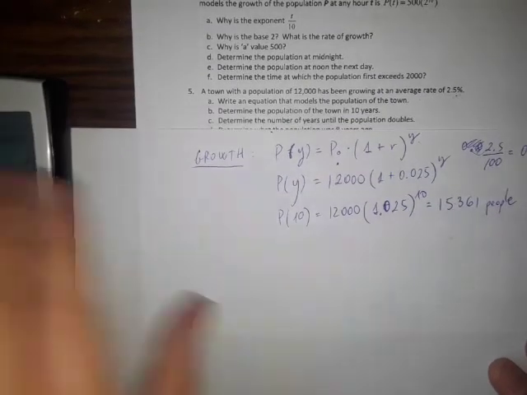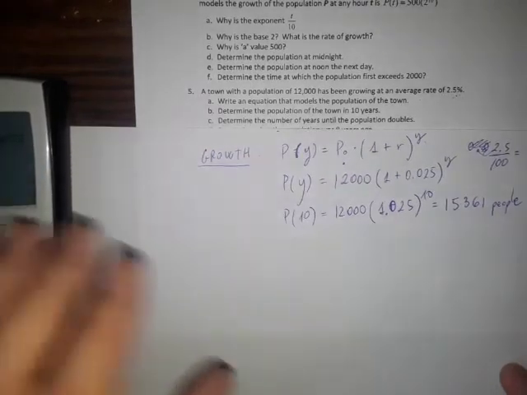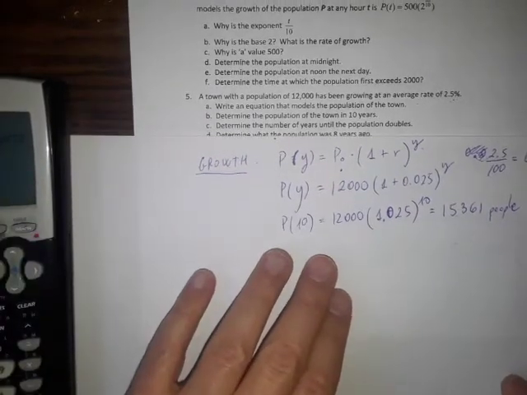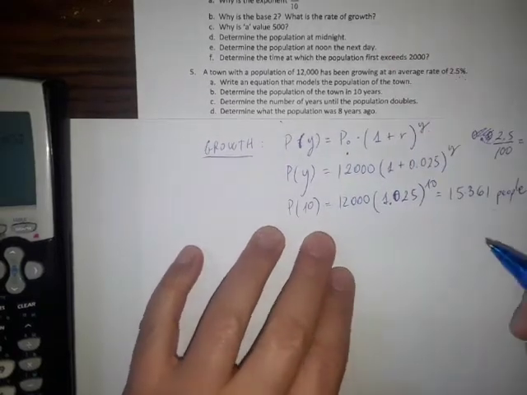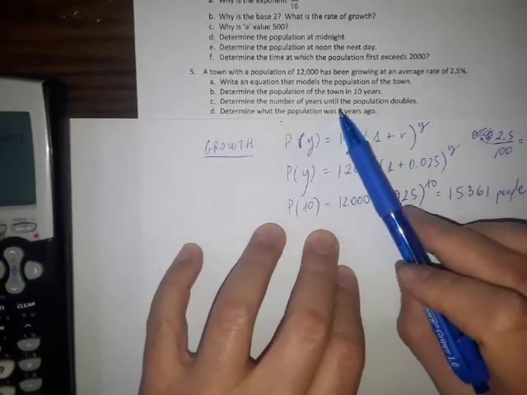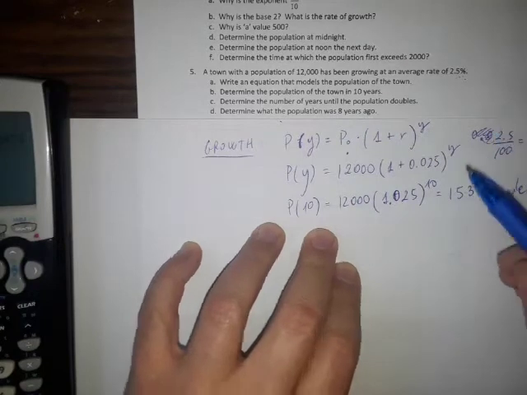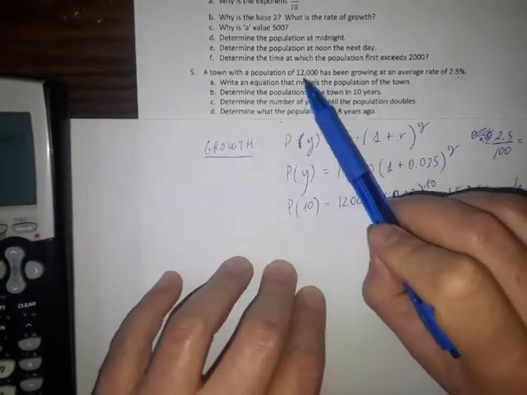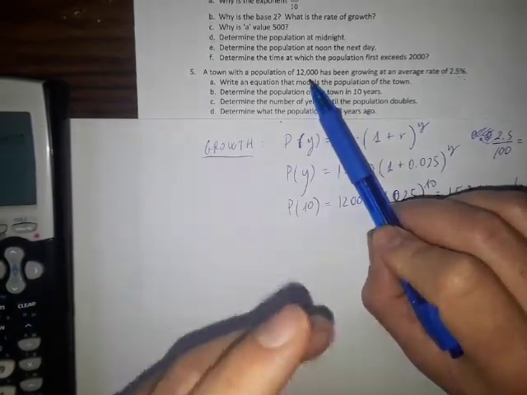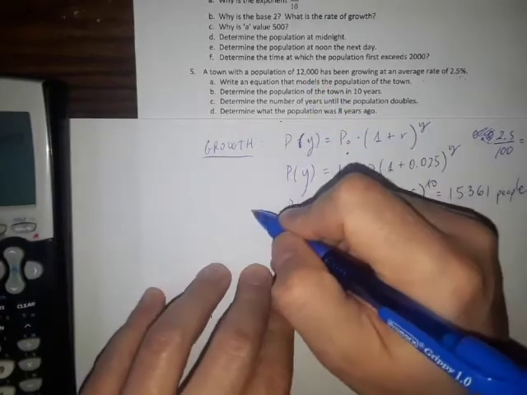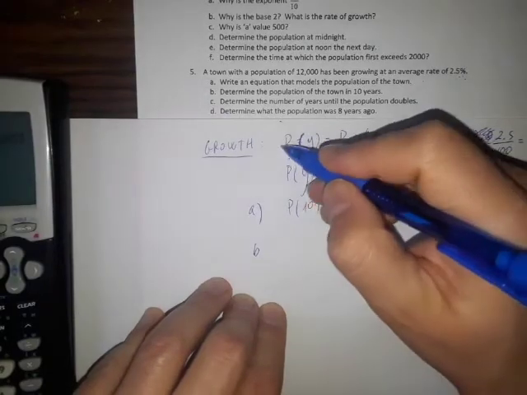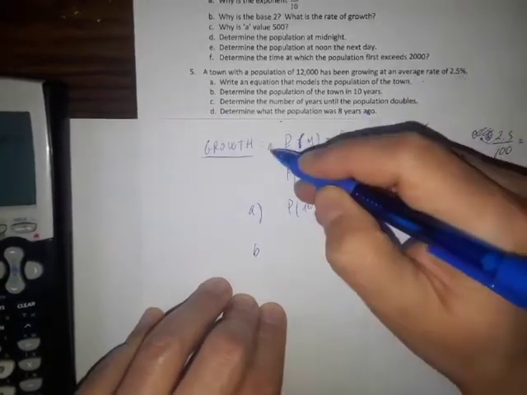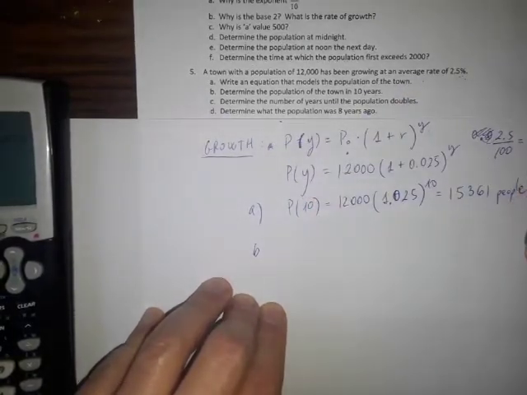Okay. C, determine the number of years until the population doubles. So here they're asking us how many years it's going to take until the population doubles. If we have 12,000 and the population doubles, we're going to have how many? Now we're doing B, this is A. Oh my God, A is in here, right?